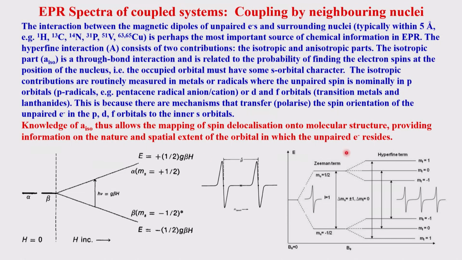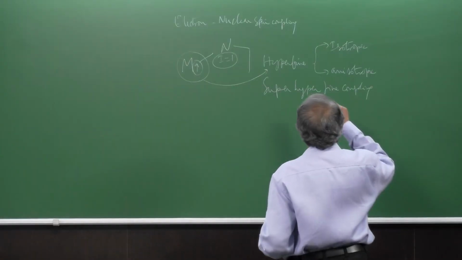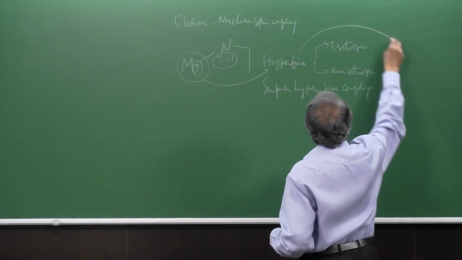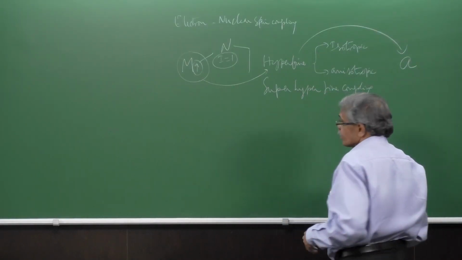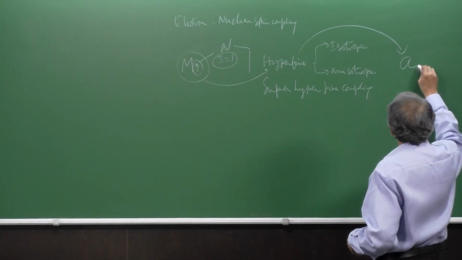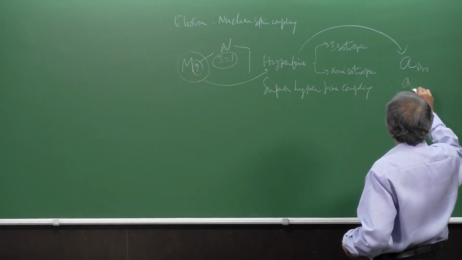So this is what this says: the spin orientation of the unpaired electron in the p, d, f orbitals to the inner s orbitals, and that is what is felt at the neighbor nucleus. So it is the s character at the nucleus of the neighbor which is connected. Okay, that is what decides. So this hyperfine coupling is shown as the A value. So it is A, then A iso, A aniso.